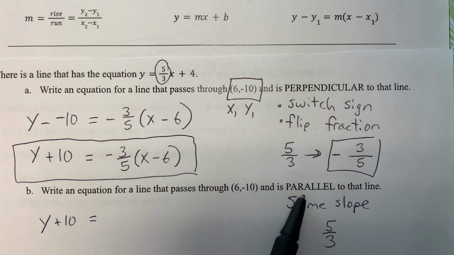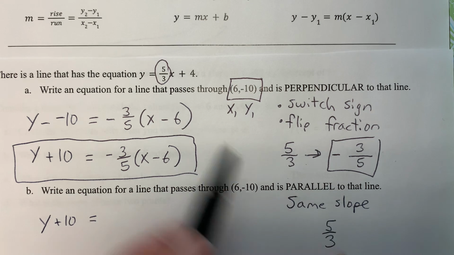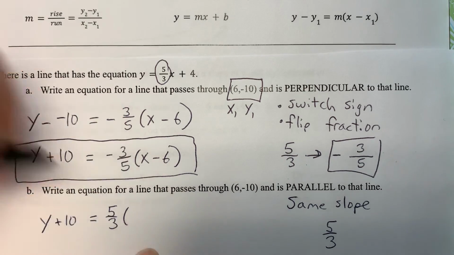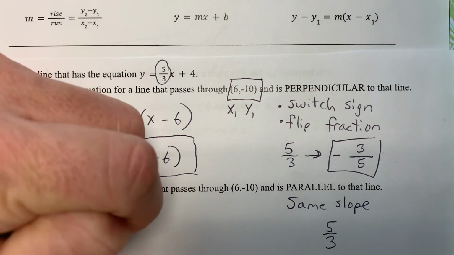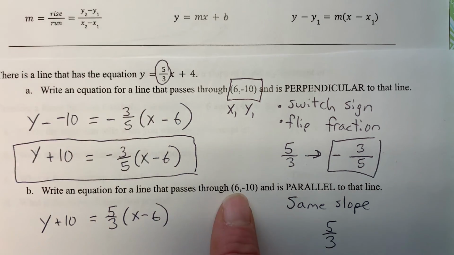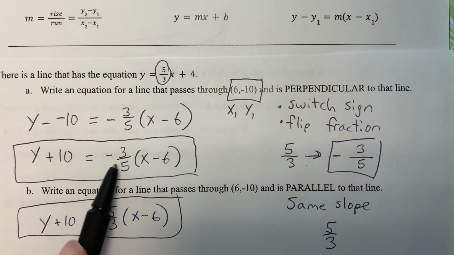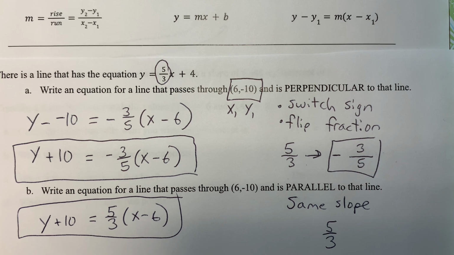But if we want it to be parallel, we just use the same slope as the original. So this time we're going to put the 5/3 here. All right, x minus 6 from there. All right, so this one has a perpendicular slope, and this one has a parallel slope. It's the only difference you need to make. Well done.